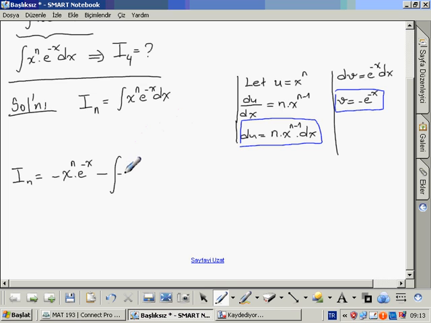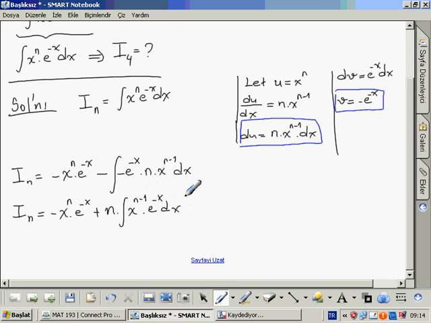It is minus e to the minus x, and du is n times x to the power of n minus 1 dx. So I sub n equals minus x to the n times e to the minus x, plus n times the integral of x to the n minus 1 times e to the minus x dx.